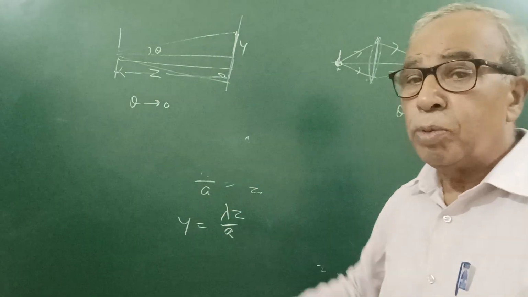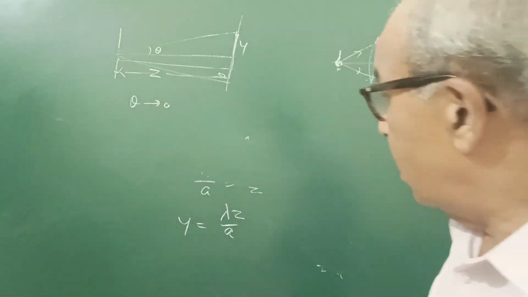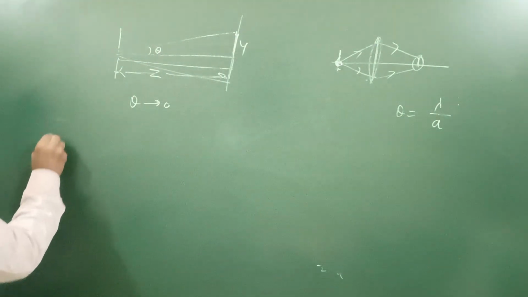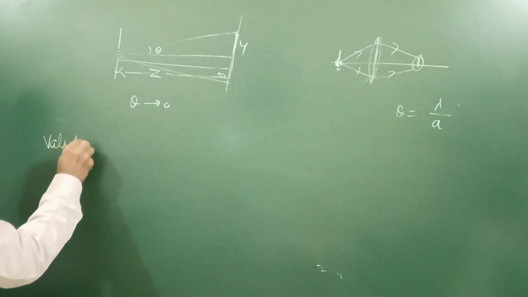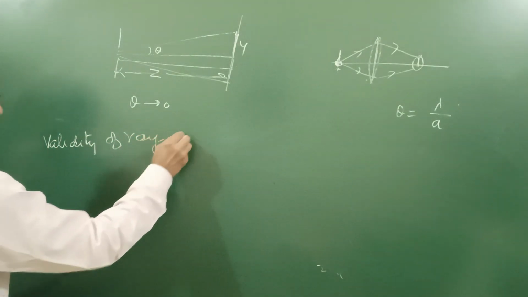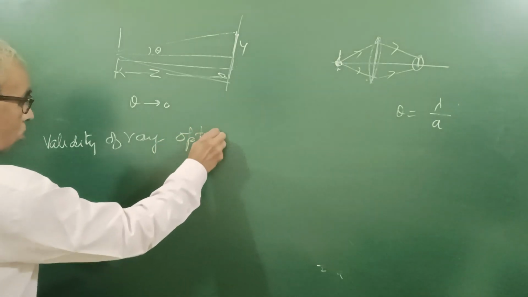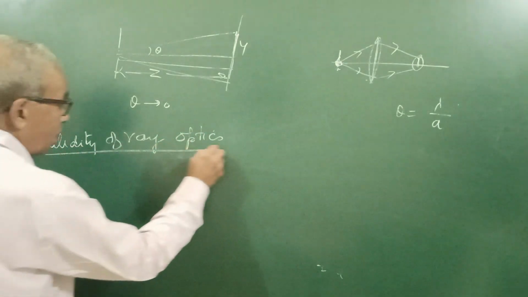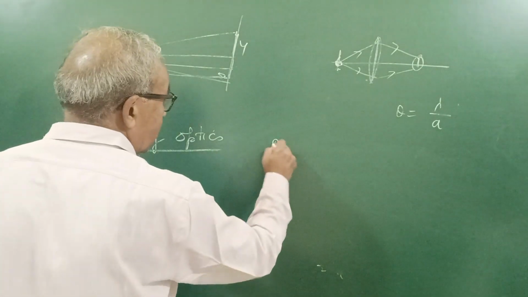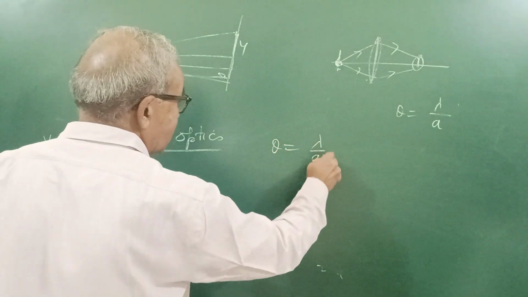There is one more topic here: validity of ray optics. What is that? Up to what distance is light supposed to travel straight? Here I told you that theta is equal to lambda by a.